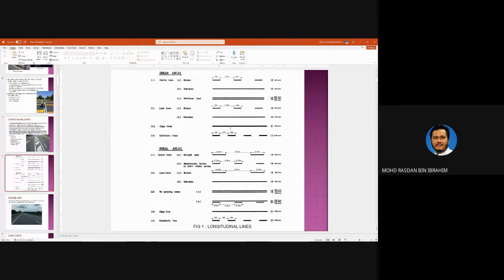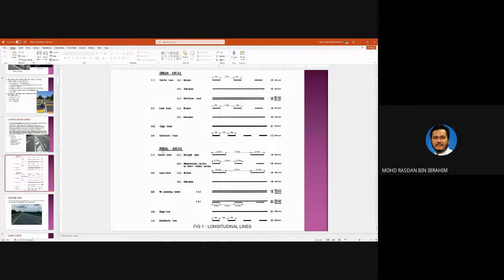Edge line is thicker, wider, 150 mm. And these are continuity lines. Continuity lines are different from lane lines. The stroke is shorter, 1 meter, and the gap is also 1 meter. And it's also wider at 200 mm. So these are the types of lines typically used in urban areas.